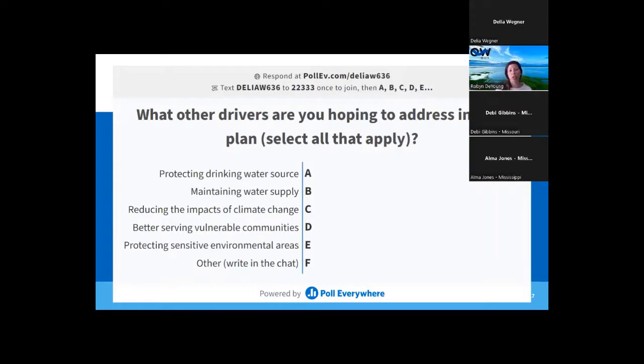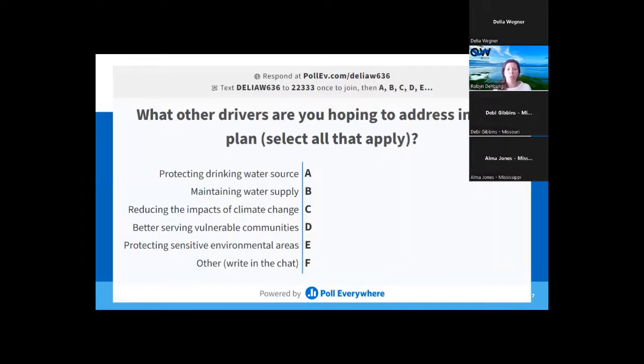Okay, another poll question. And you know, the point of these poll questions is to just start getting your brain thinking about what exactly you need to do to start the integrated planning process. So what is really driving you? You know, that is going to be obviously the utmost importance, because if you're passionate about it and you know this is going to be helpful, then you can be the champion and go for it for integrated planning.